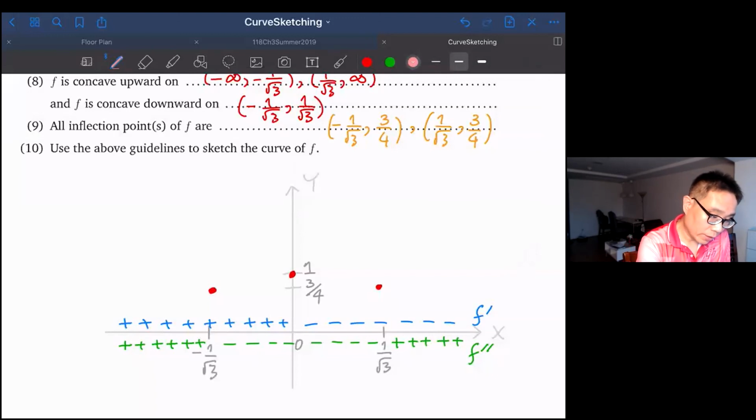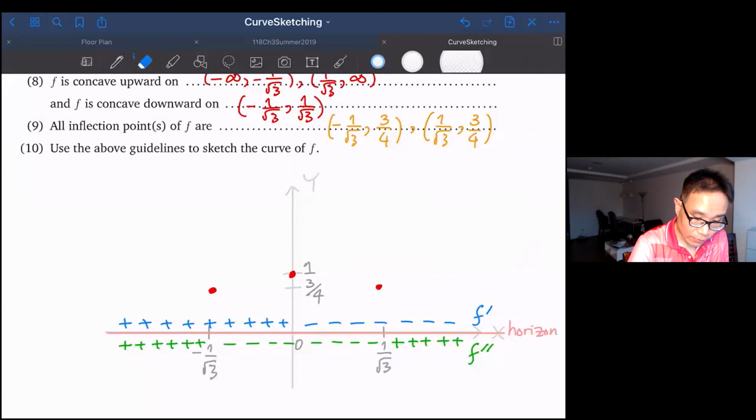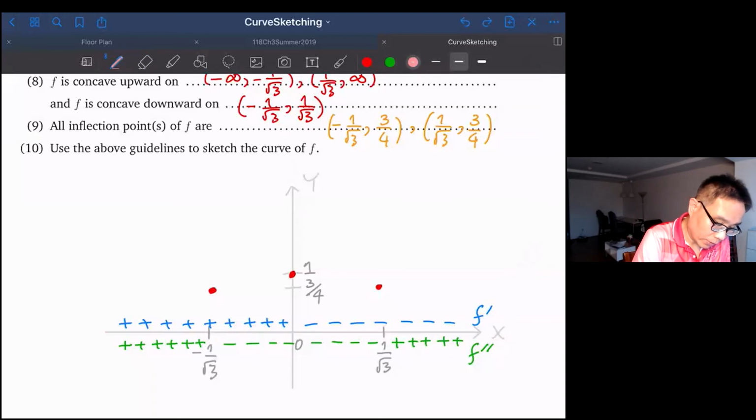So you have this one. You see the horizontal asymptote. Okay, I'm going to have to draw the horizontal asymptote. Let me redo this one a little bit. I should have dotted.